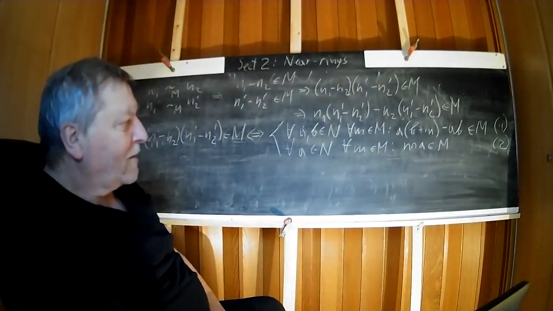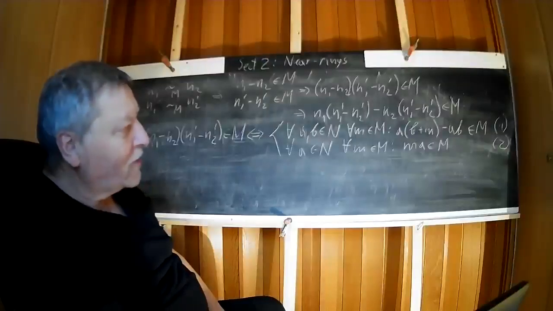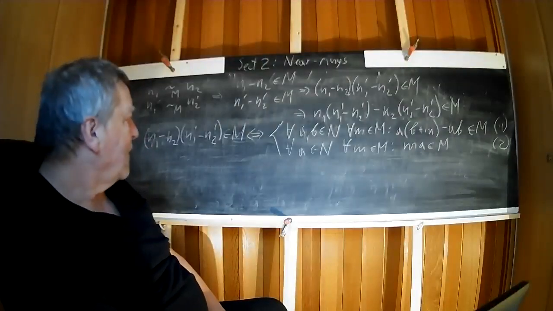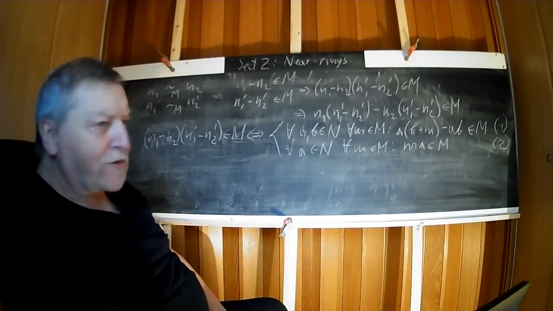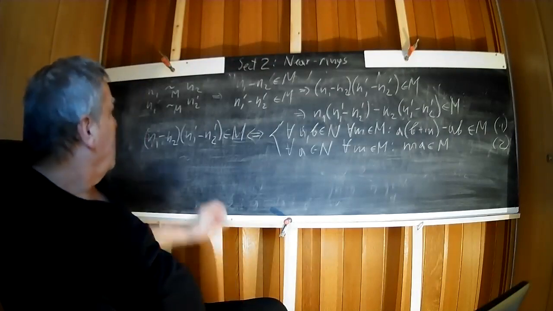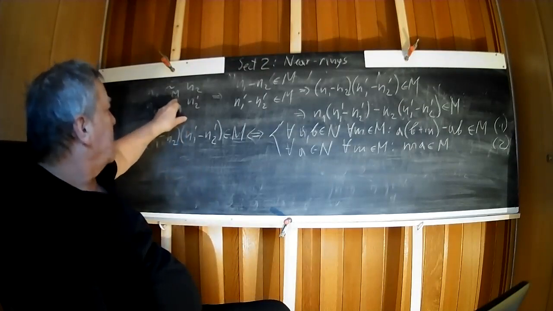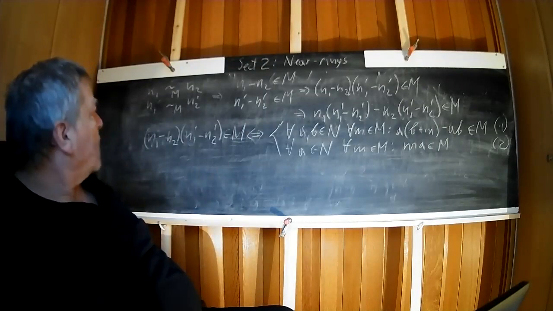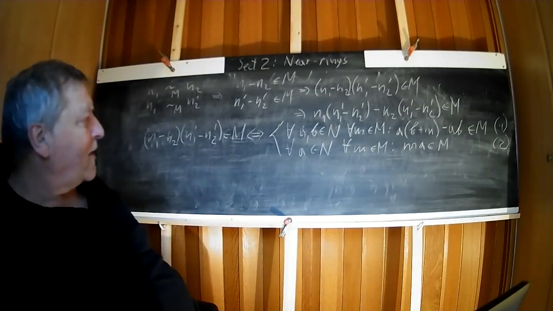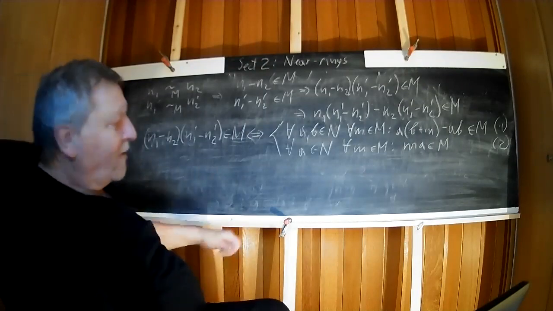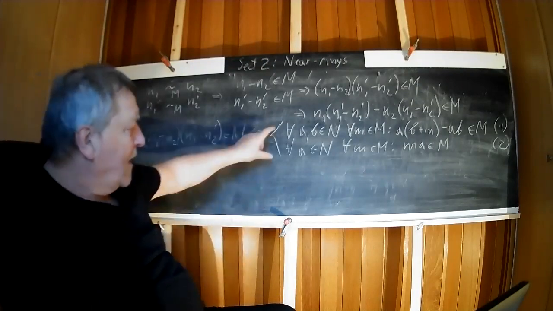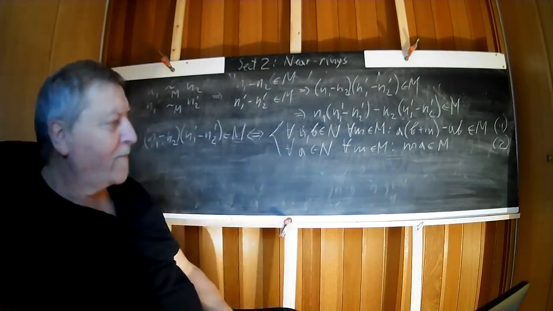We have a condition which is a little more involved than the condition for rings. So altogether, this relation is compatible with addition and multiplication if and only if, first, M plus is a normal subgroup of N plus, and if these conditions hold.